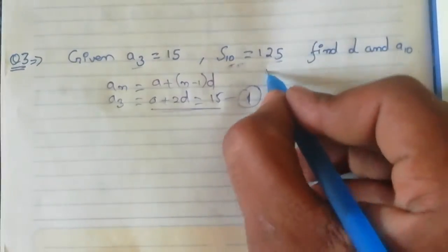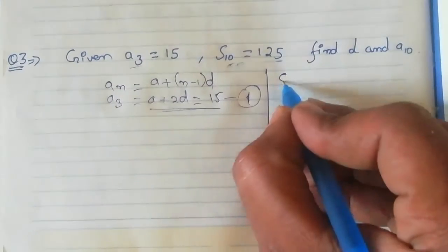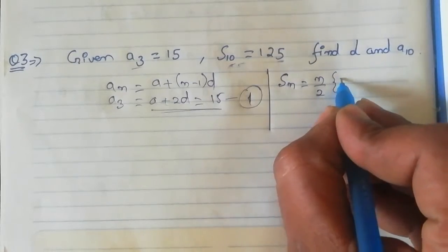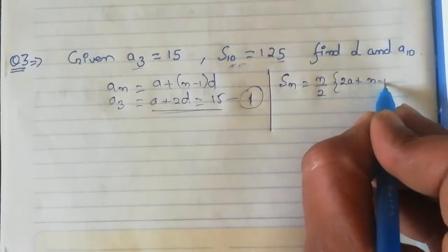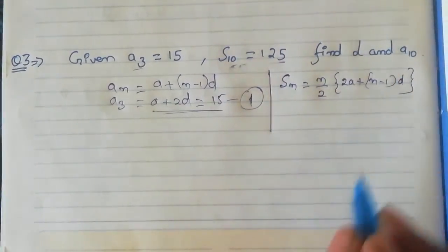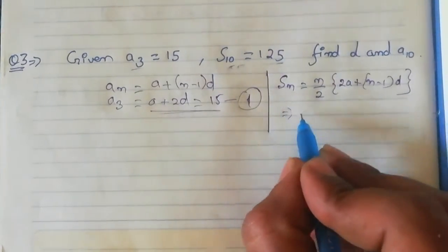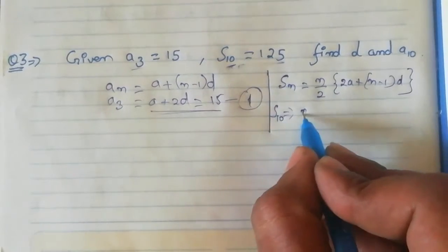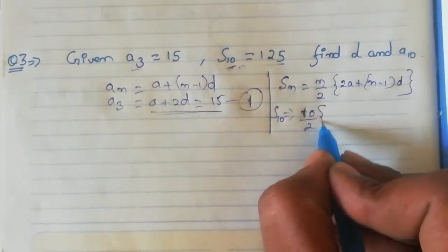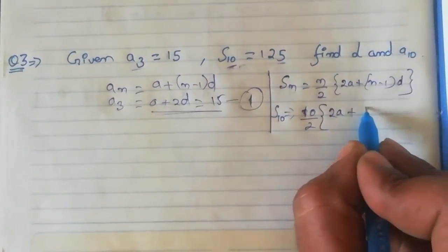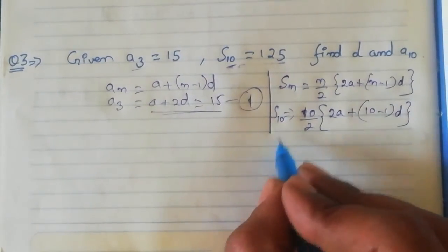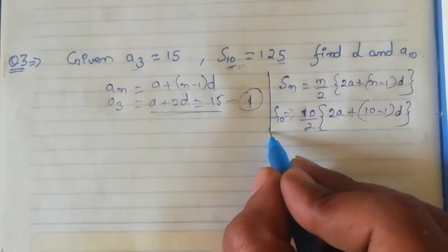Now what we have here is Sn. Sn is nothing but n by 2, 2a plus n minus 1 into d. The value of n is 10, so this is 10 by 2, 2a plus 10 minus 1 into d, which is equal to 125.